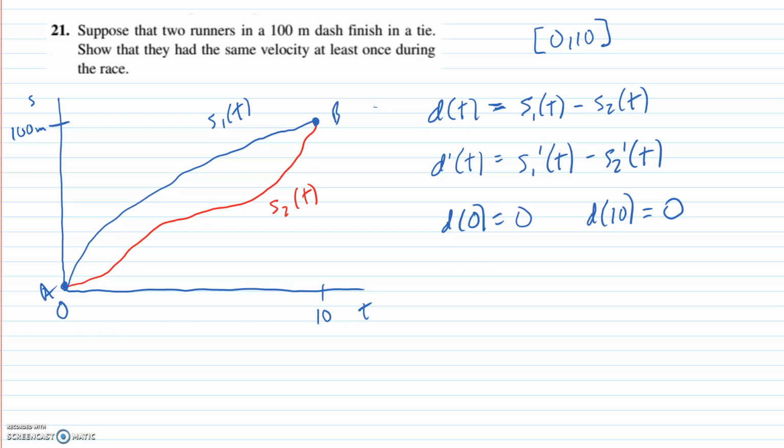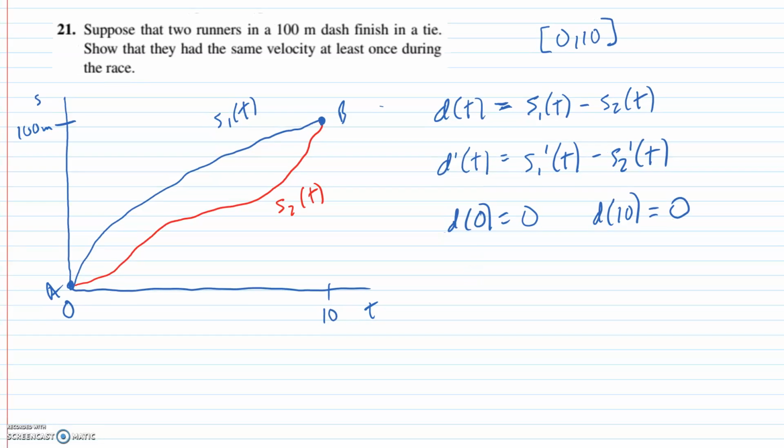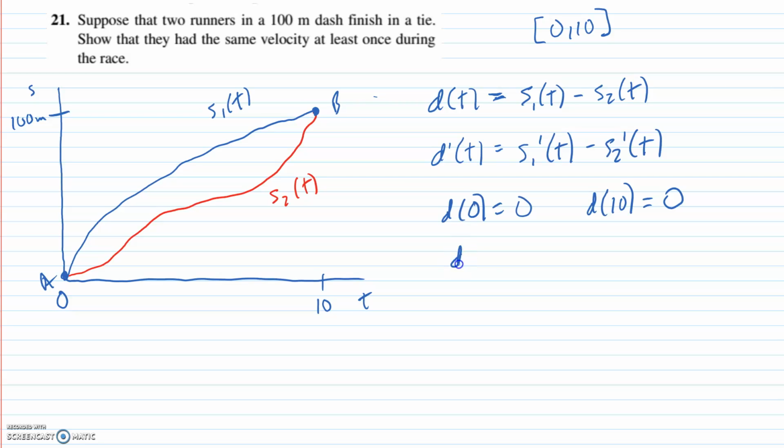And Rolle's theorem will guarantee, therefore, that there is some value of c on this interval from 0 to 10 at which the D prime of c is going to equal 0. Now, what is the D prime of c? The D prime of c is going to equal the S sub 1 prime of c minus the S sub 2 prime of c.